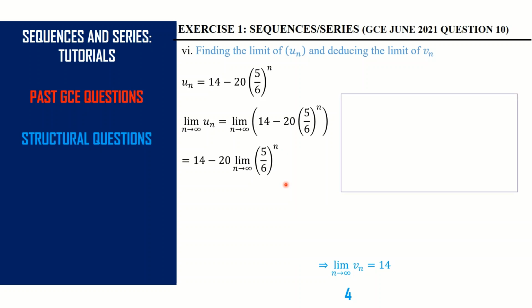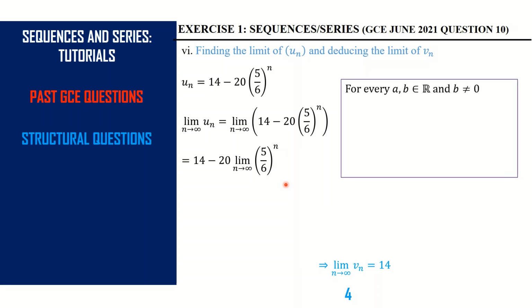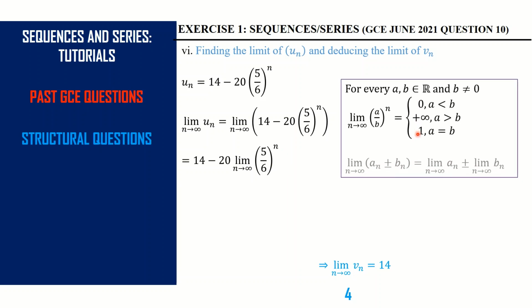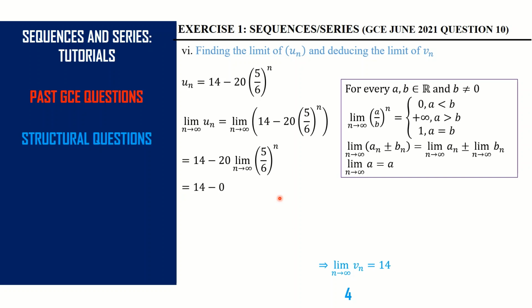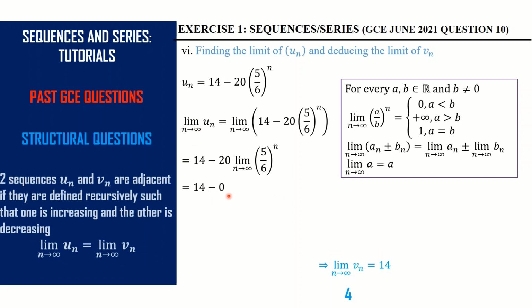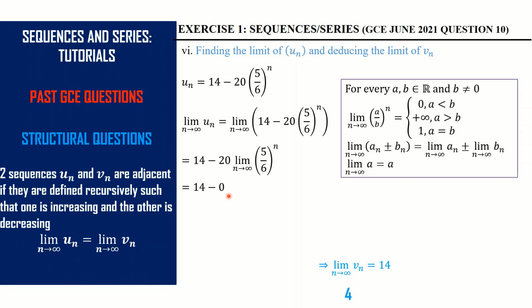We recall from earlier that this limit is going to give us 0 because 5 is less than 6. So this gives us 14 minus 0. So the limit of our sequence Un is 14.